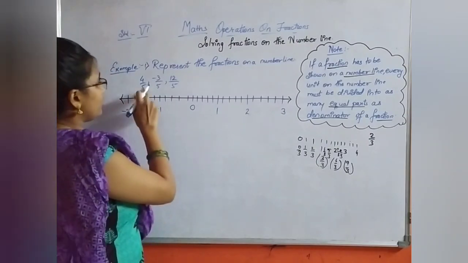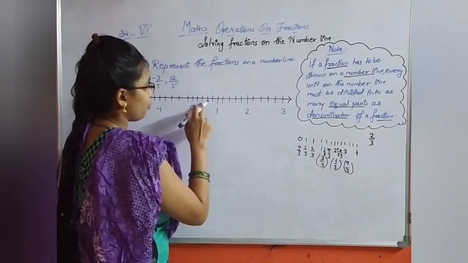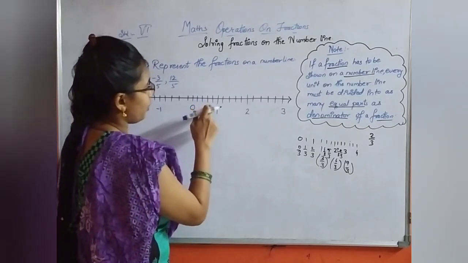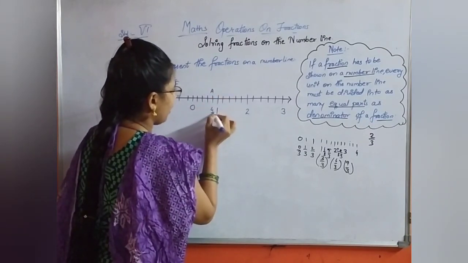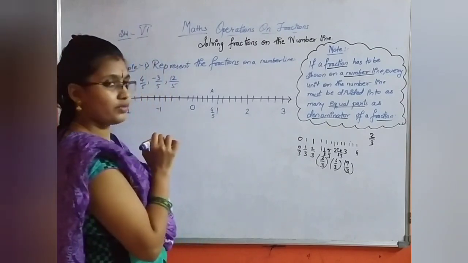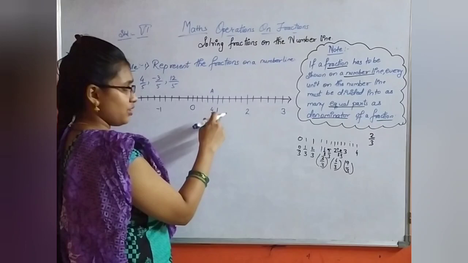So the first one is 4 upon 5. 0 upon 5, 1 upon 5, 2 upon 5, 3 upon 5, 4 upon 5. This one I will plot as A and write here 4 upon 5. After 4 upon 5 comes 5 upon 5; 5 divided by 5 is 1.